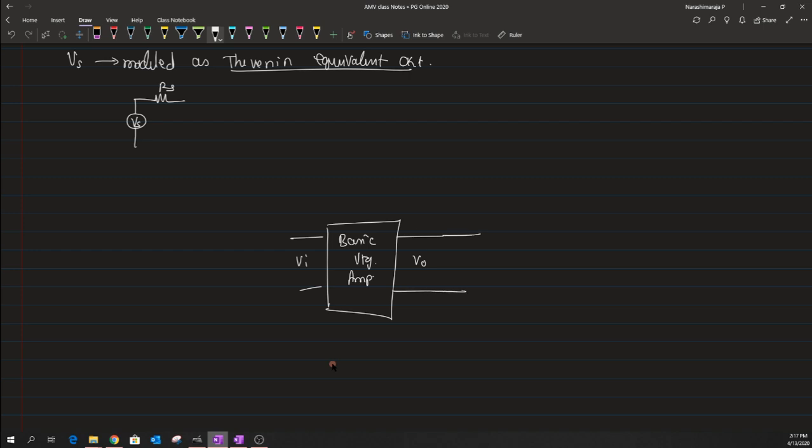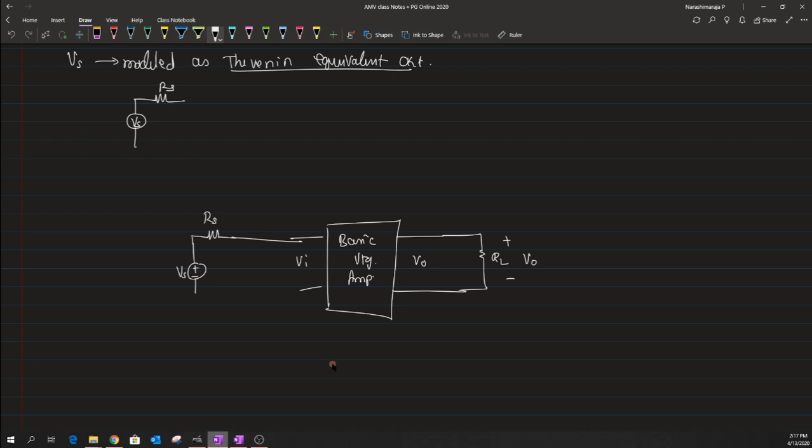Let us assume there is a load attached to this circuit with a load resistance of RL, and the drop across this load is modeled as Vo. We also have a voltage source Vs, and if it has a source resistance, that can be added in series with it. That is what we mean by Thevenin's equivalent circuit.